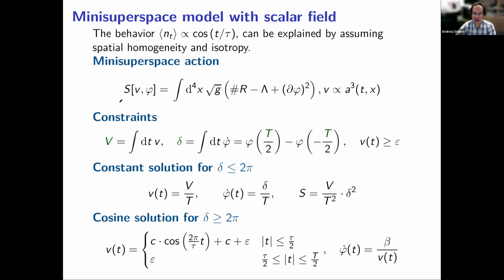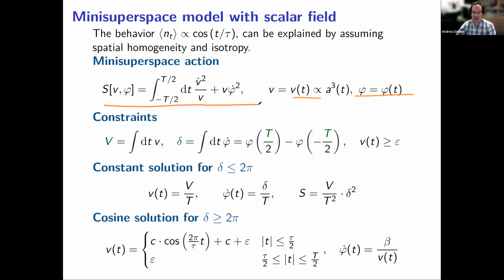And under such assumptions, the Einstein action including the matter term can be simplified to this form, and under some constraints, that the global volume is constant and that the field stretches from 0 to delta, we have two solutions that minimize this action. One is a constant solution, and the second is a cosine solution.